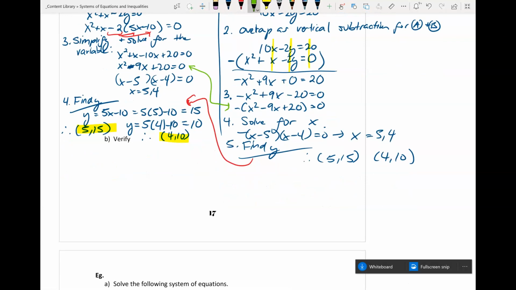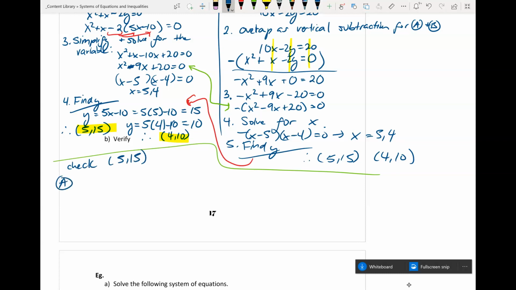Our last part is to verify our solution. Sometimes the solutions that we found when using substitution and elimination aren't actual real solutions to the system of equations. And we're going to do it for both sets of points. So I'm going to check if (5, 15) is one of them.